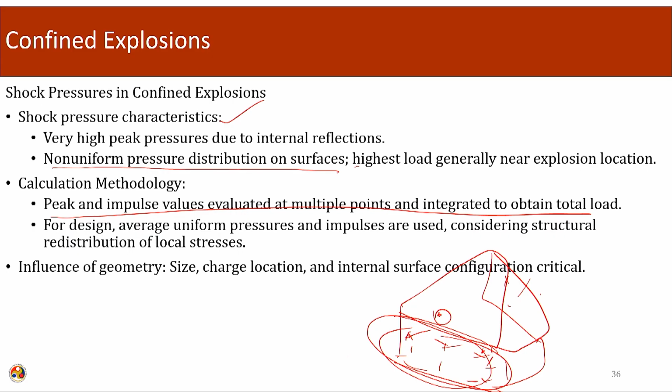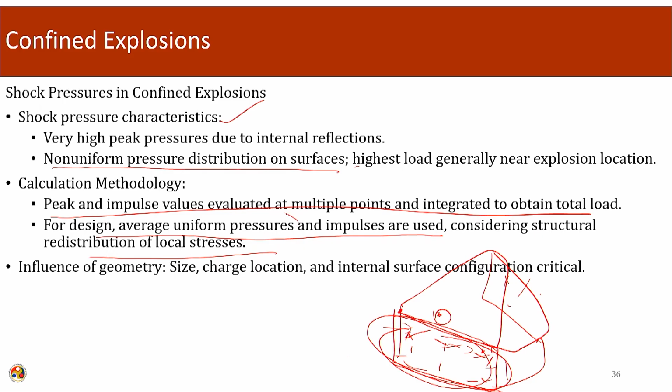For the design, average uniform pressure and impulses are used considering structural redistribution of the load stresses. So, we assume that once the structure is able to respond to the blast loading, there will be a redistribution of the loads.